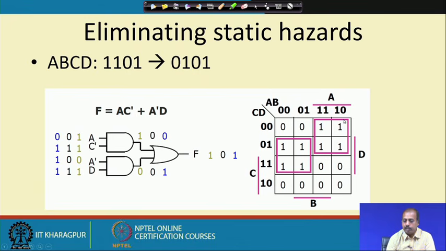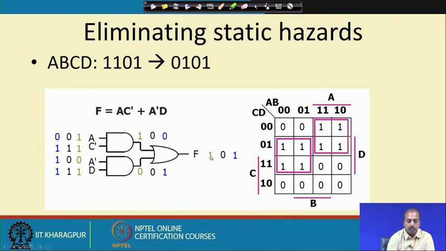This square represents A C bar and this other quad represents A bar D. So, it is A C bar plus A bar D. Now, if A B C D is 1101, you get this 1101. So, A and C bar are 11 and A bar and D is 01, applied here. So, you get 1 and 0 here, accordingly the output is 1.